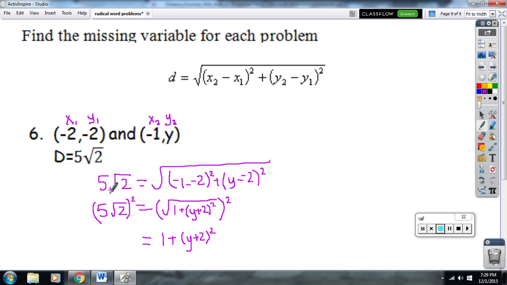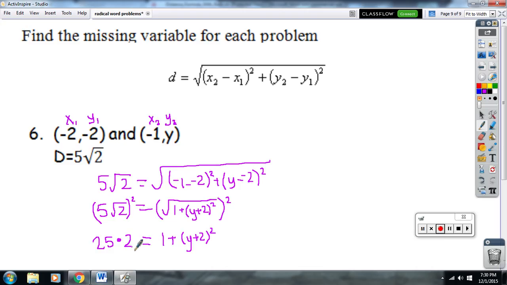Now, on the left side, let's review our exponent rules. When you have a product that's being raised to a power, remember each item gets raised to that power. So 5 squared will be 25. And just like on the right-hand side, when I raise the square root to a power of 2, the power of 2 eliminates the square root, and you're just left with the radicand.